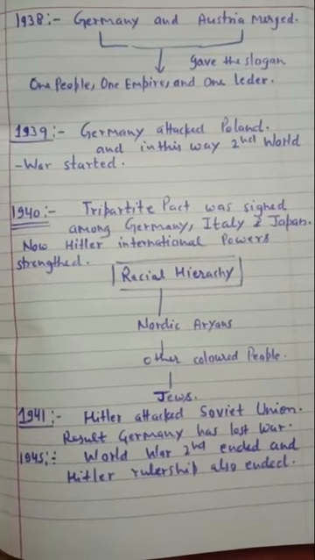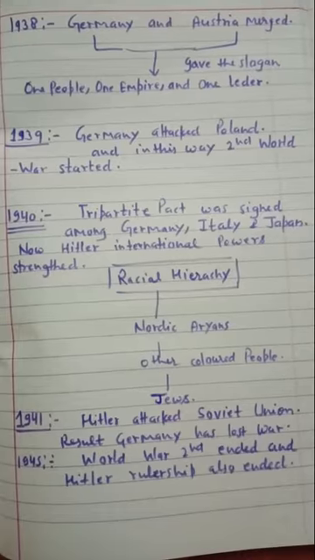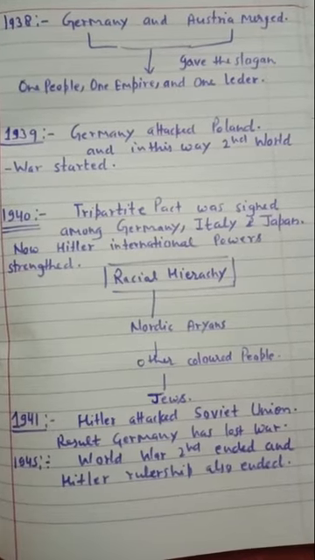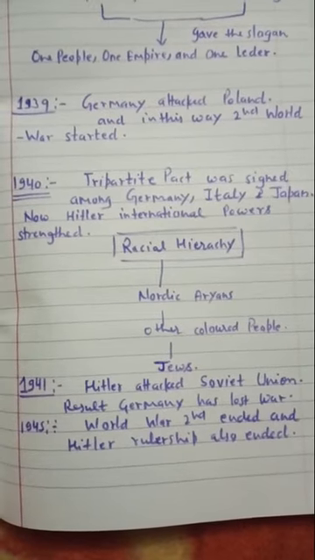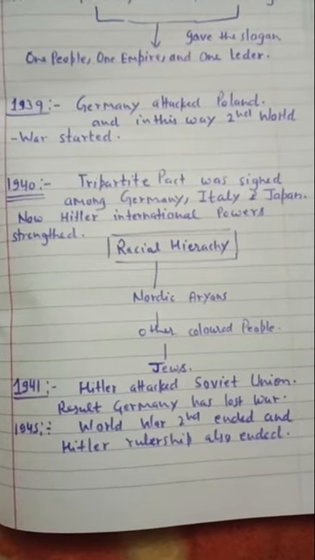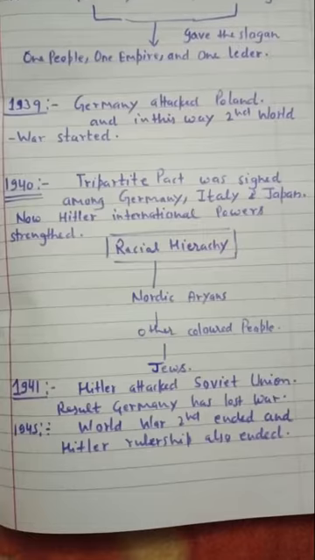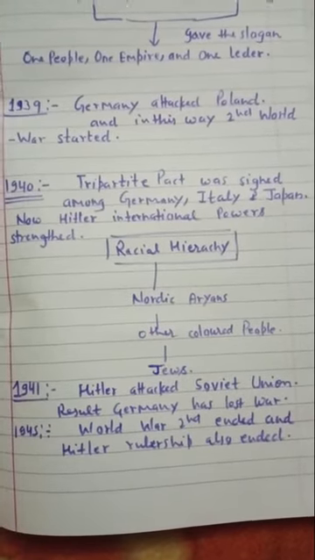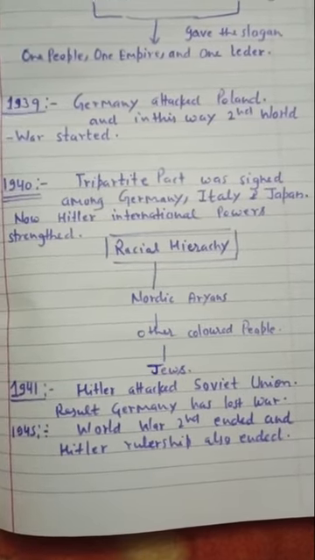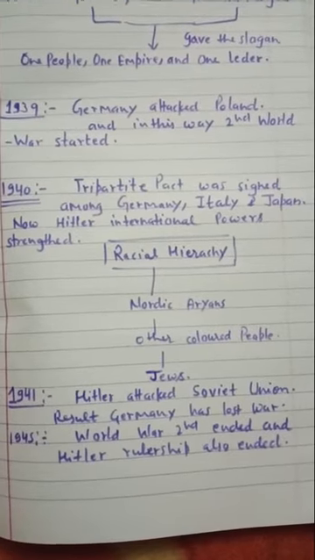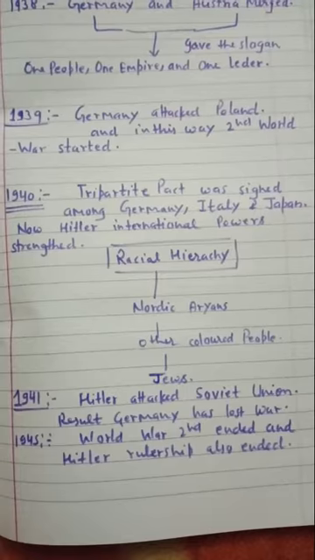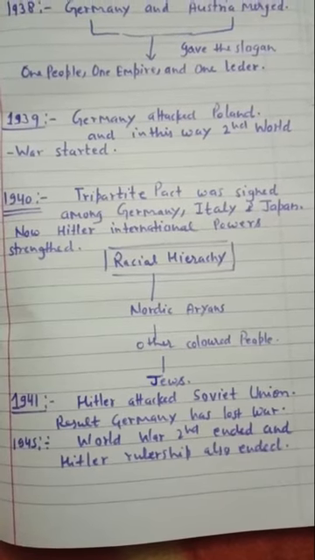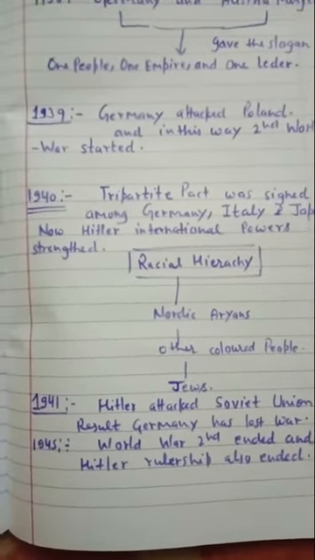First of all, according to him, at the top priority among German people, he placed the Nordic Aryans, and after that the other colored people, and at the bottom he placed the Jews, Gypsies or black people, as according to him only pure and healthy Nordic Aryans deserved to live happily and enjoy liberty in Germany, while other races should be treated in a discriminatory way and should not be blessed with equal rights and opportunity.